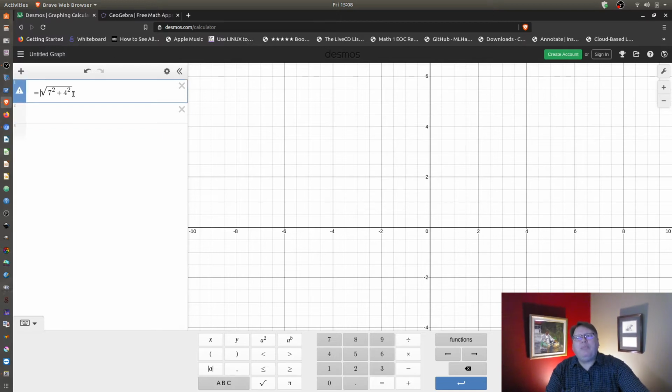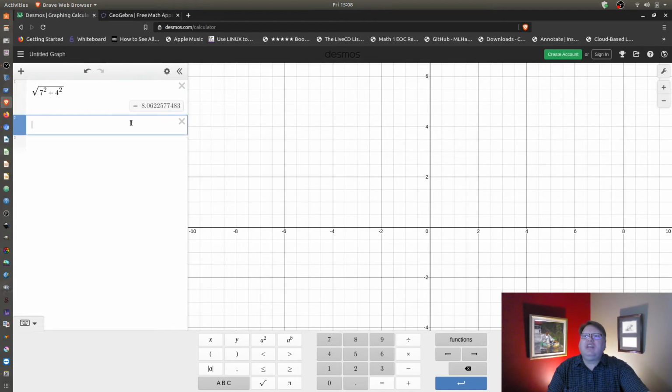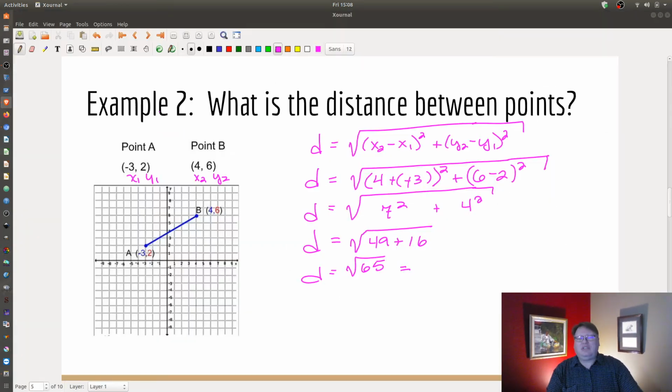I made a boo-boo. I don't want the equal sign, guys, because I'm doing a calculation. I use the equal sign in a spreadsheet. I have been on spreadsheets all day. But here we get 8.06. Erase that. Here we get 8.06. All right, that is our distance.